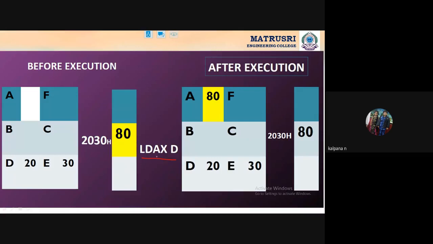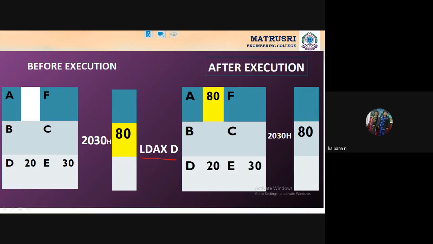LDAX means load the accumulator with the data, and the data is present in any register pair. Now the D and E register pair consists of the 8-bit memory location.